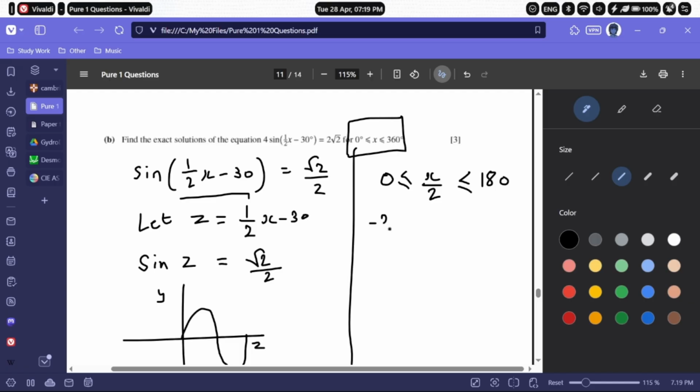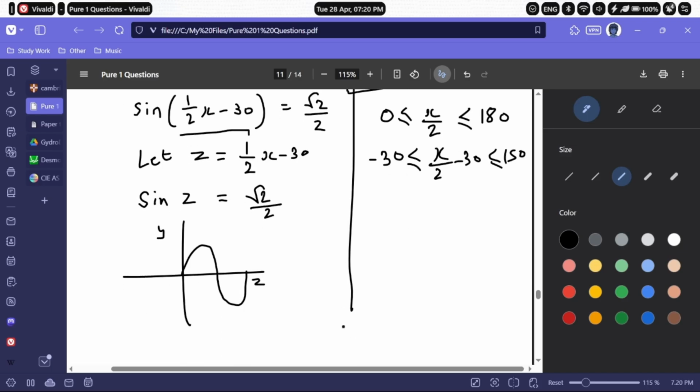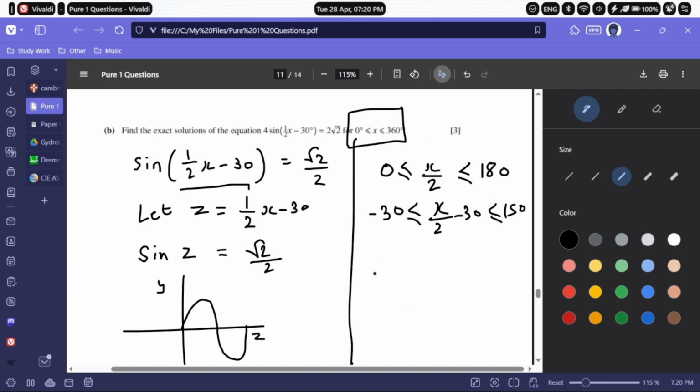So minus 30 less than or equal to x over 2 minus 30 less than or equal to 180 minus 30, so 150. This is basically your domain for sine z.